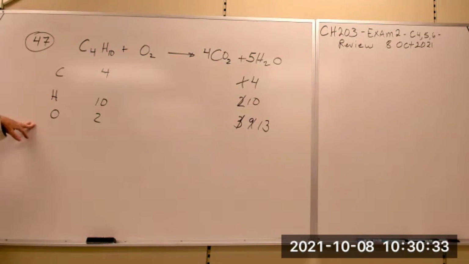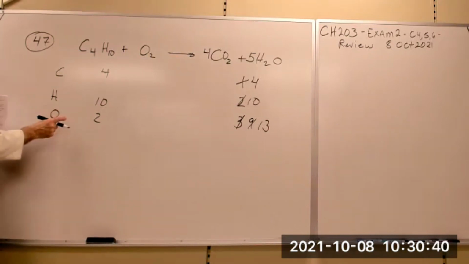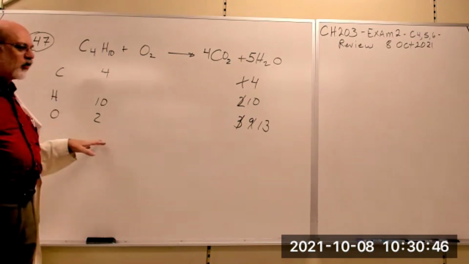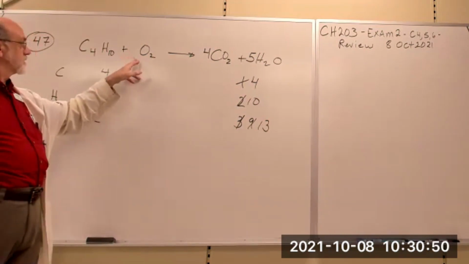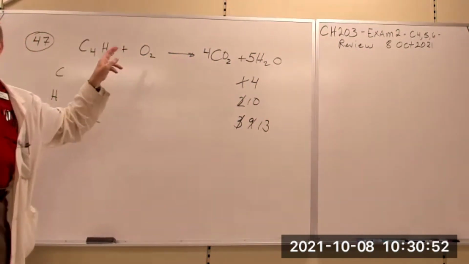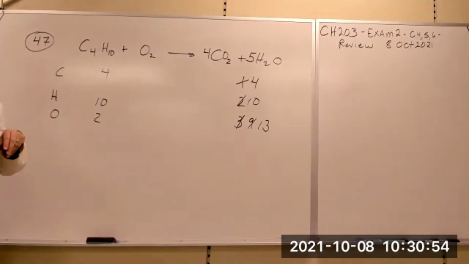So here's the trick. There's no whole number that we can multiply here that will give us 13 oxygens. Right? So we're going to use an intermediate step, which is a fraction.